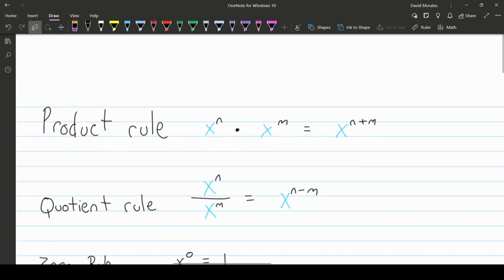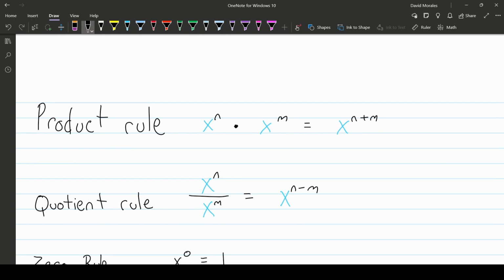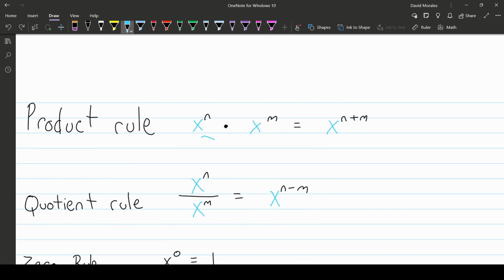Let's first talk about the product and the quotient rule. We're not going to really see the product rule in play in this specific worksheet. It's actually going to be in the previous classwork, but I'm going to briefly mention it. If you have the same base, in this case it can be 2, 3, 4, right?